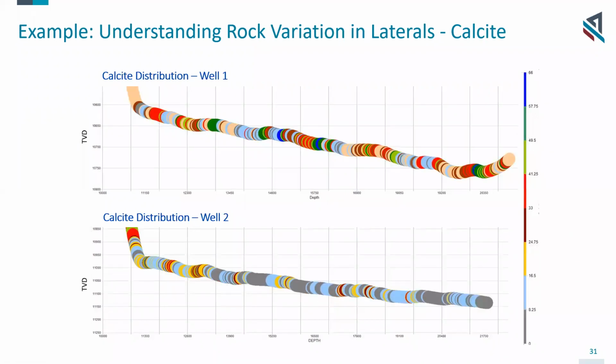So moving on through the different mineralogy, when we look at the calcite, again, well number one has a wide variety in calcite distribution. Well number two, again, similar to the quartz, has a much more uniform, lower distribution of calcite.